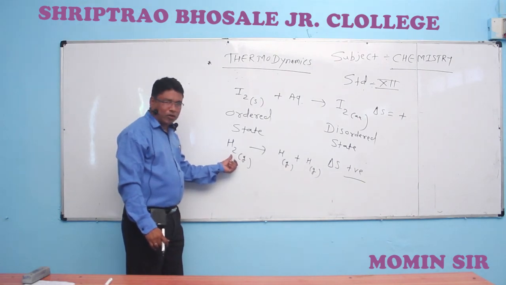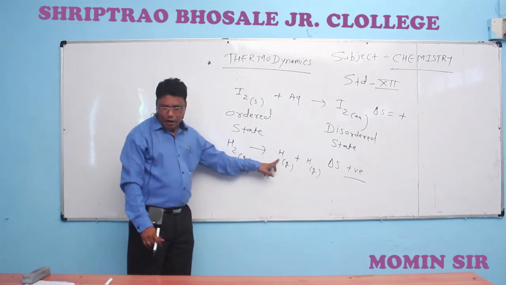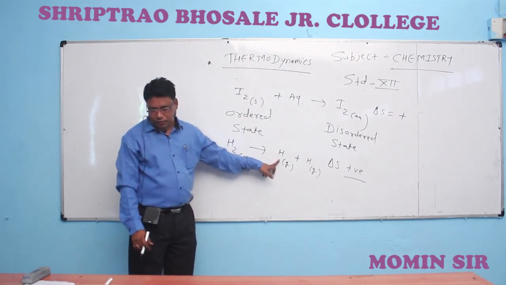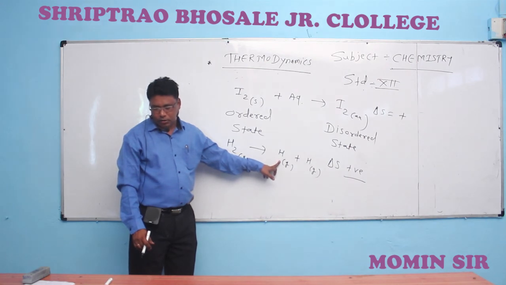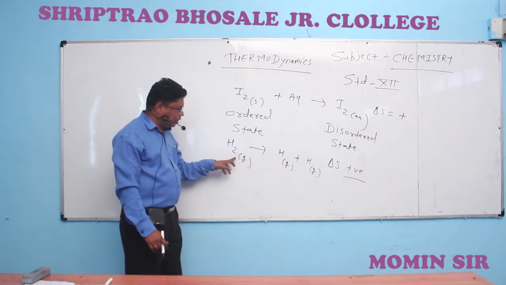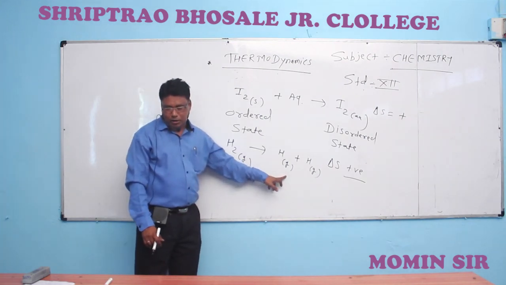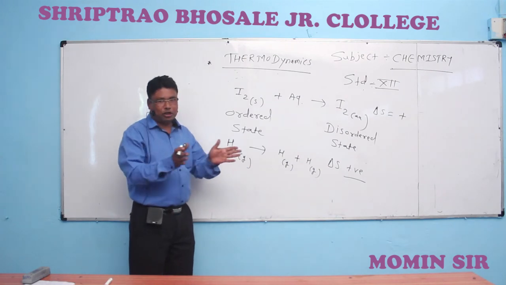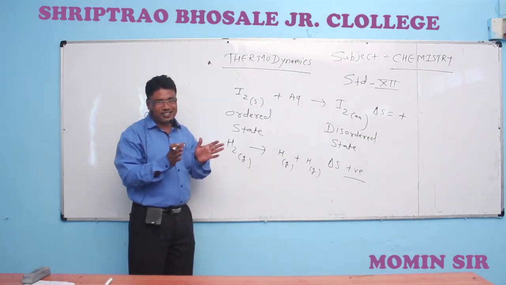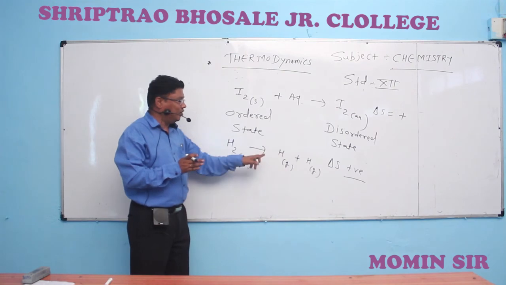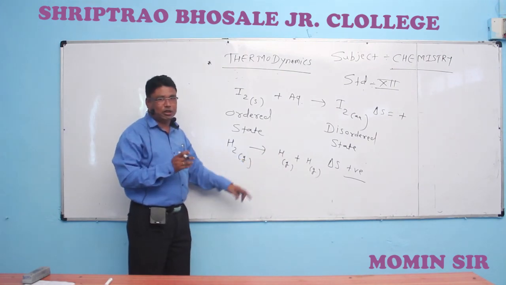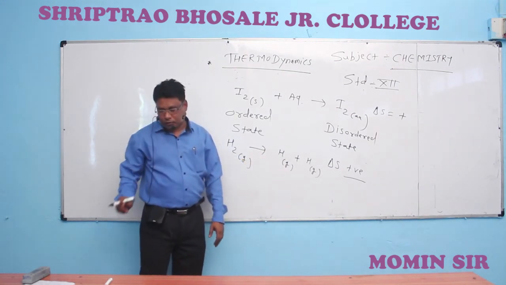This is the molecular state of hydrogen, the H2 molecule. This is the atomic state of hydrogen. We can say that this is the ordered state, but this is the disordered state because the atoms are separated from each other. Disorder increases. That's why the value of delta S for this process is also positive.